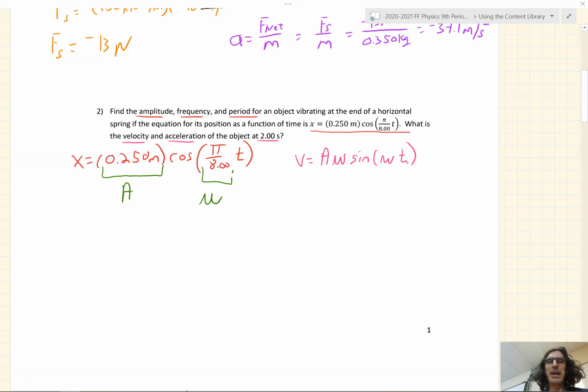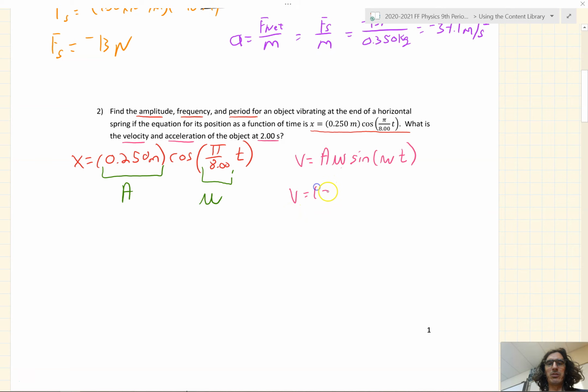We already know what A and omega are. Notice for the velocity, though, there's an omega outside of the sine, so we just have to include that when we plug and chug. It's also important to remember that we want our calculators in radians for this and not in degrees. So calculators are in radians.